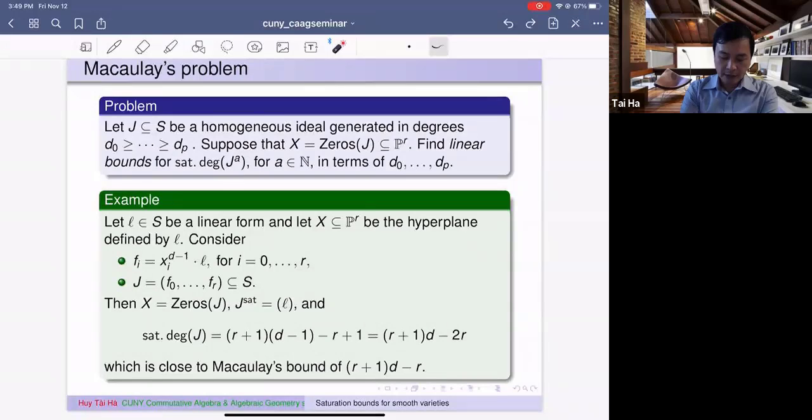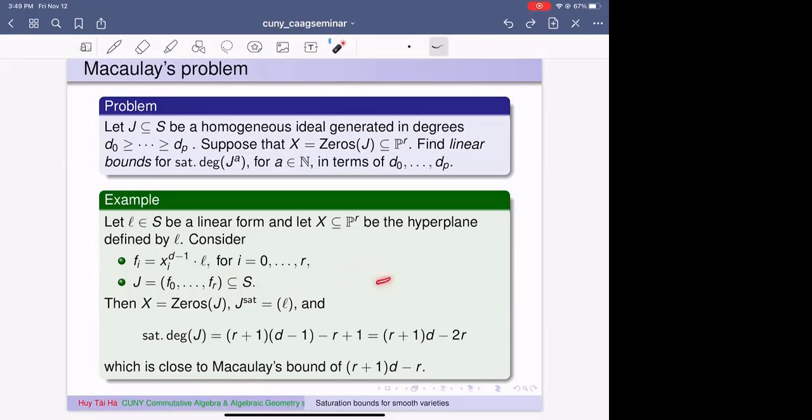If you have a hypersurface of degree D, are you forming the same kind of ideals, or do you just take the ideal F itself?